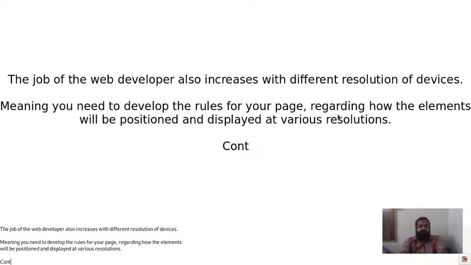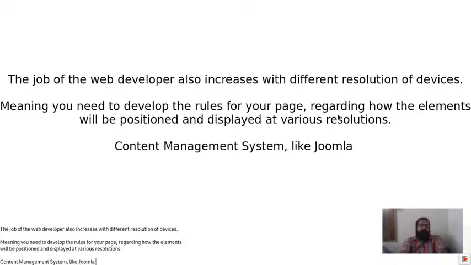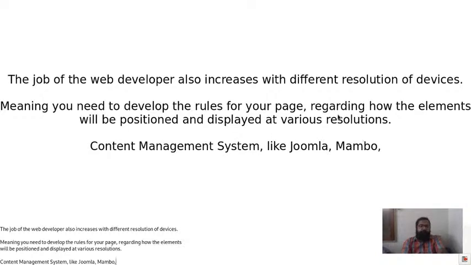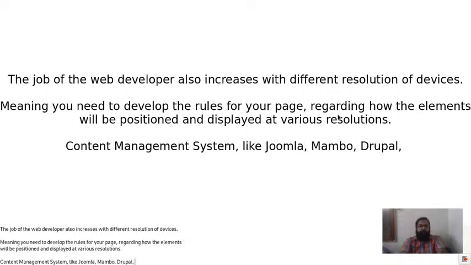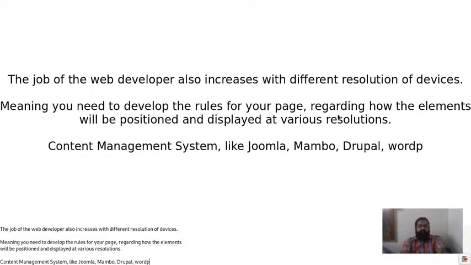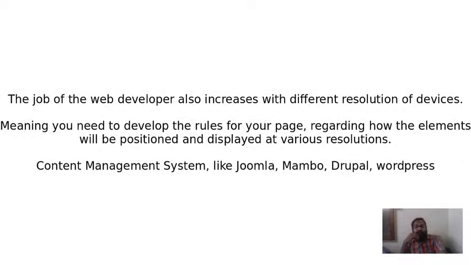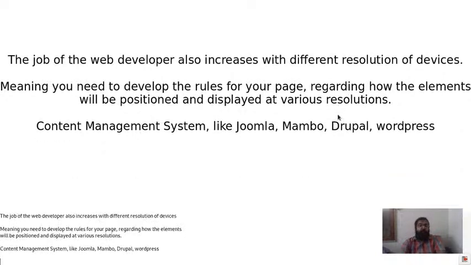So let me write it here at the end. Content management systems like Joomla, Mambo, Drupal, WordPress. These are all different content management systems. Let us say that you are going to design a content management system. In that case, what all things you may have to design?